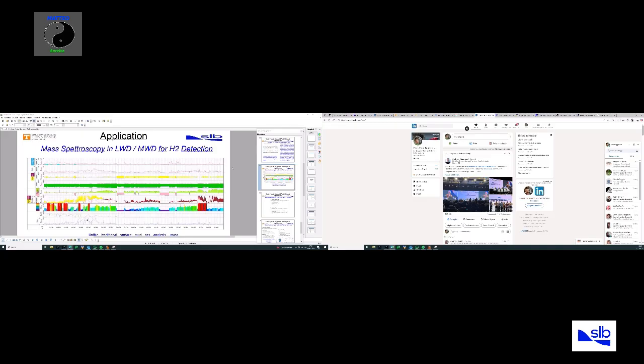So today we are talking about mass spectrometry used in logging while drilling for hydrogen detection. Mass spectrometry is unlike the traditional method used for surface mud log gas analysis.